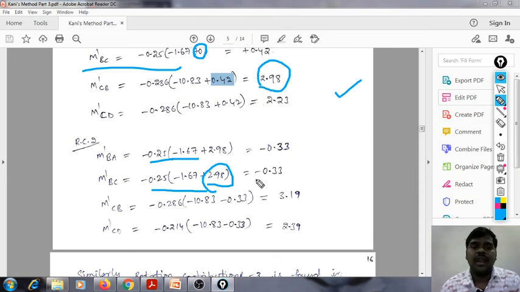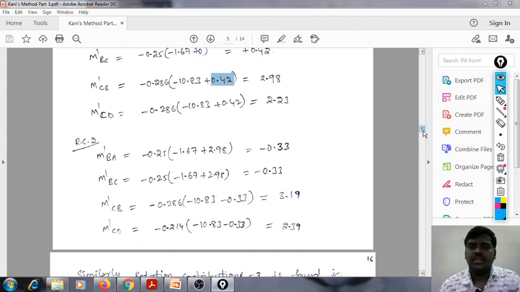Okay, and this 0.33 value is taken for the next step. So this is what you must be careful about while solving this problem.